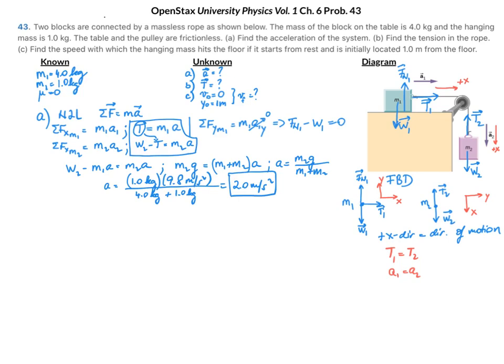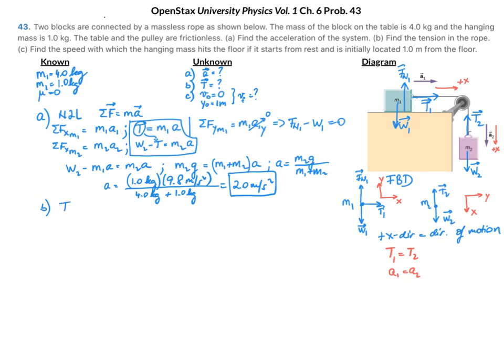All right, now in part B, we're looking for the tension. And we already have this expression written out, where we have tension in the equation. When we were doing part A, we didn't know tension and acceleration in both of these equations, but now we know the acceleration, so we can use this equation to find the tension.